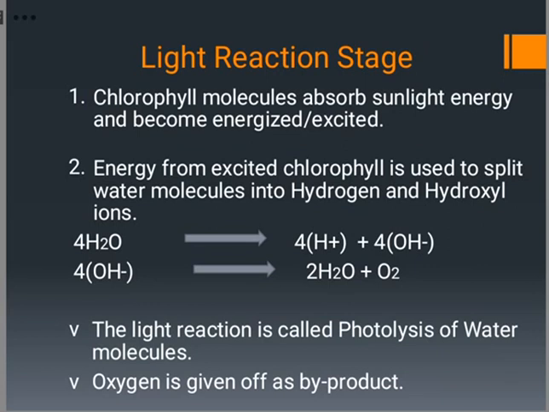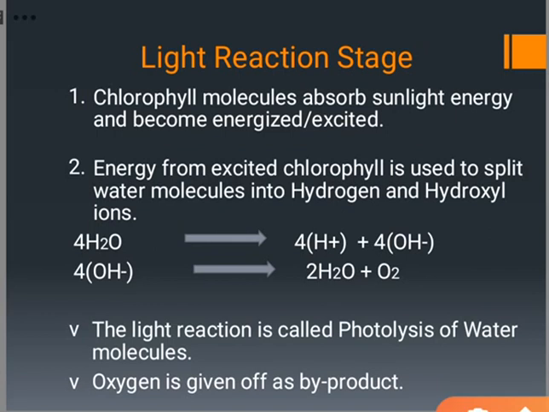Two, energy from excited chlorophyll is used to split water molecules into hydrogen and hydroxyl ion. So an excited chlorophyll releases energy, and that energy is used to split the molecule of water into hydrogen ion and hydroxyl ion.